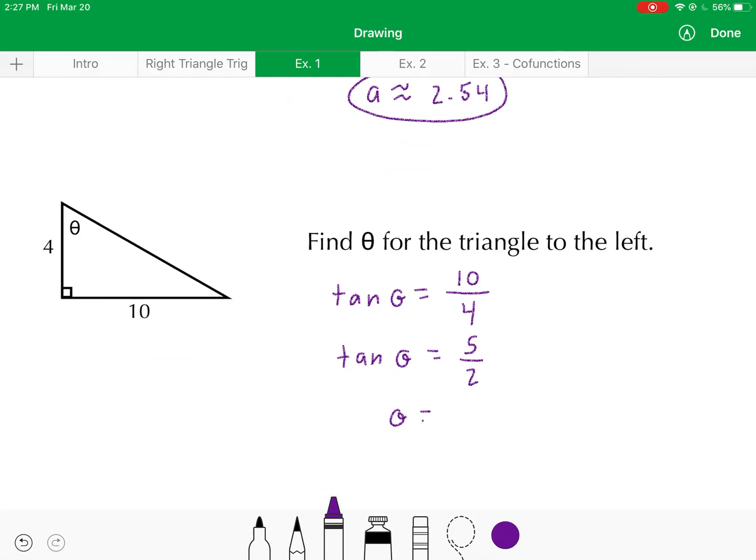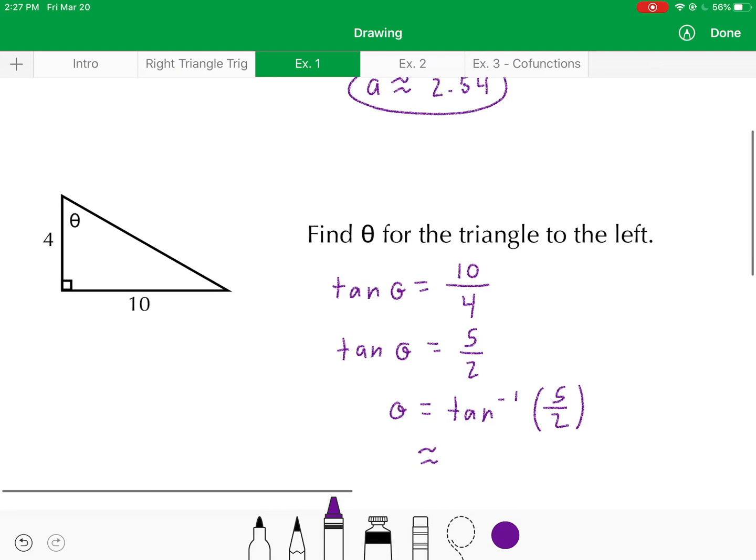And to solve for theta, we're going to need an inverse function here. And once again, let's be in degrees. So I'll take inverse tangent of 5/2. And that's 68.20 degrees. So 68.2 degrees.